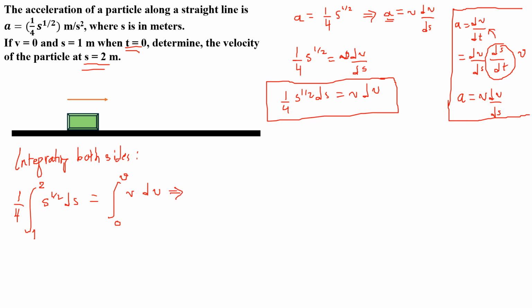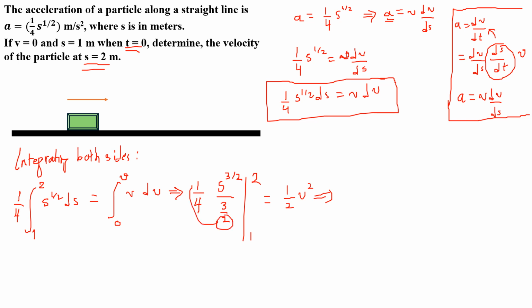Now let us do this integration. It's a simple one. I have 1 over 4 times s to the power half; adding 1 to the power, I will have s to the power 3 over 2, over 3 over 2, and the limit here is from 1 to 2. For the right side, it's just half v squared. Right now, let us simplify these numbers.